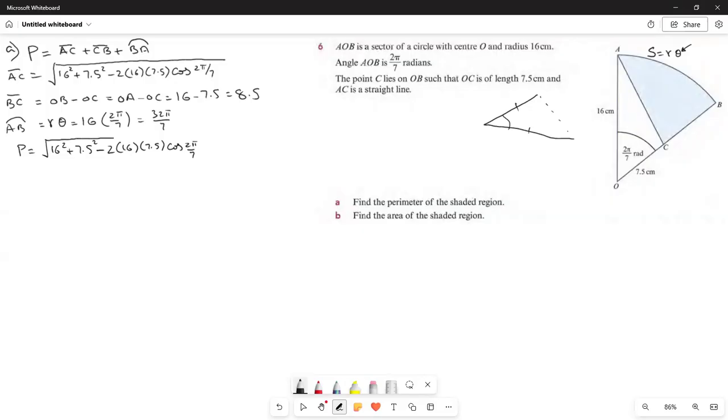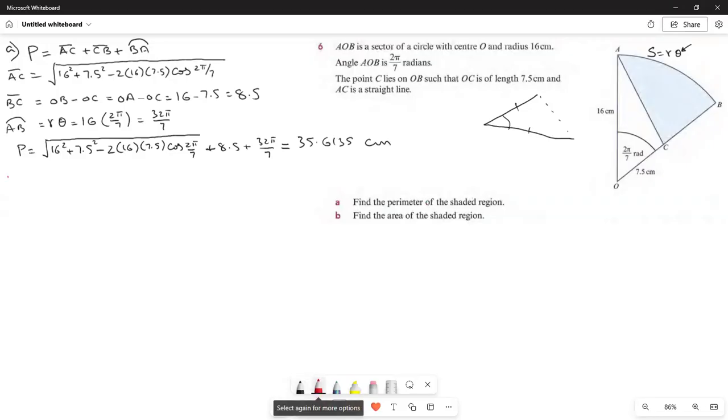So this is one length plus 8.5 and plus 32 pi by 7. Okay. And when I calculated all these things, it comes out to be 35.6135 centimeter.